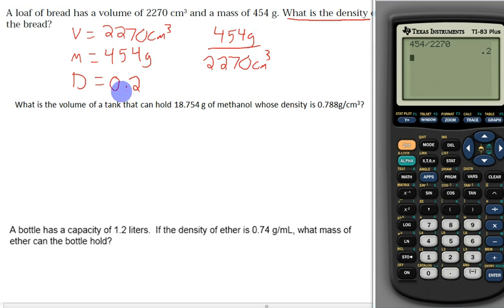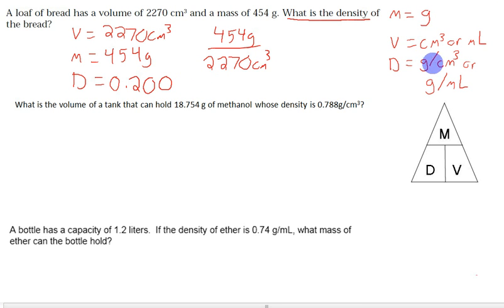So the way that we make 0.2 reflect 3 significant figures is we can add zeros to the end of it and not change it. Now we just need a unit. We see that for density we have grams per cubic centimeter, and those indeed are the units that we used in the problem. So that's what we will select. And the answer to number 1 is 0.200 grams per cubic centimeter.